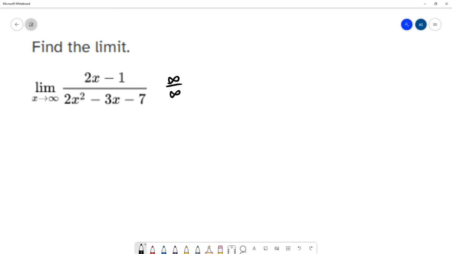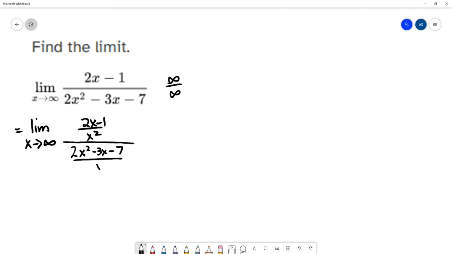So my strategy is that I'm going to take the whole numerator, 2x minus 1, and divide it by x squared, and the whole denominator, 2x squared minus 3x minus 7, and divide it by x squared. I'll simplify.